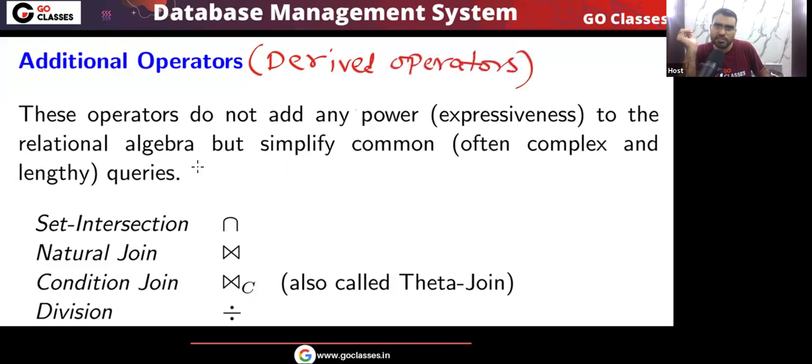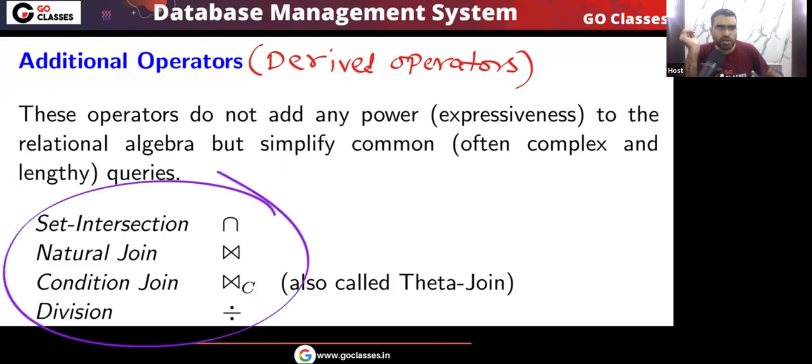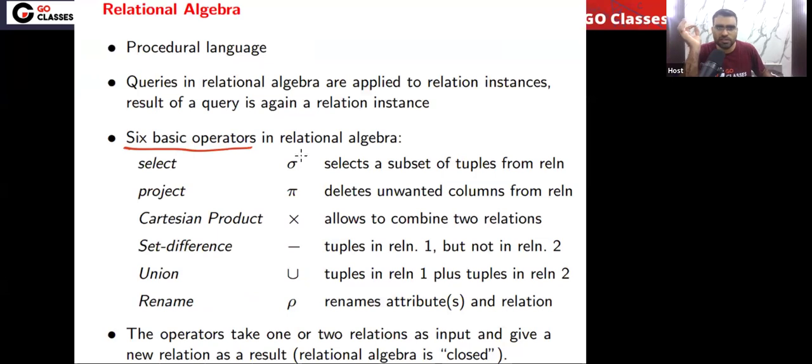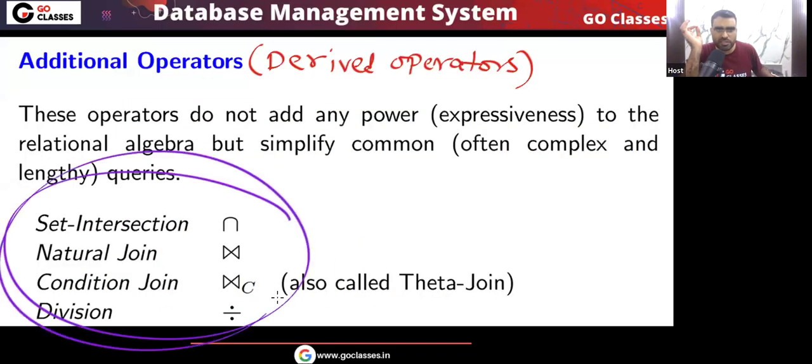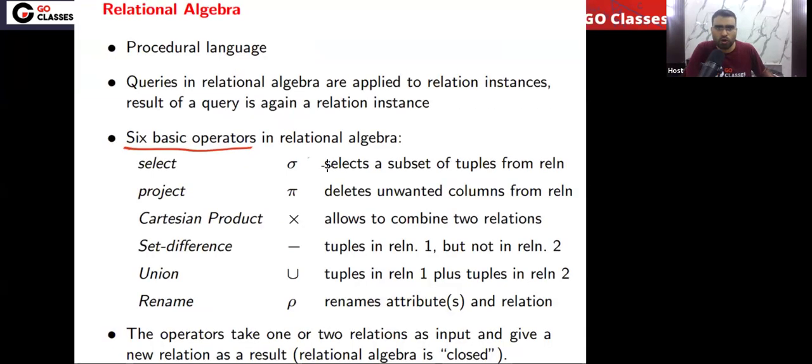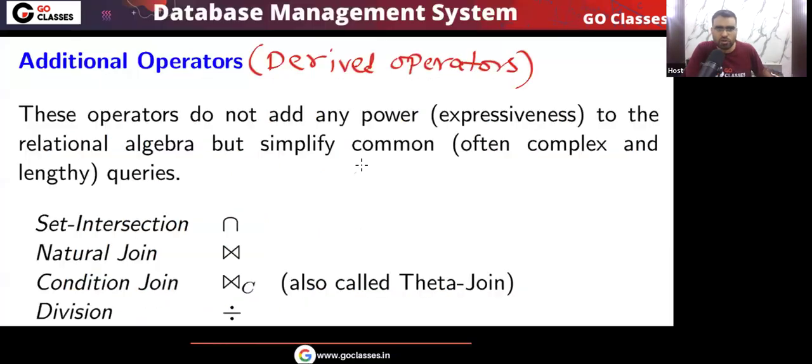That means you can derive these operations from the basic operations. If you have these six operations, then from them you can derive these four. Is this clear? So that is the reason.